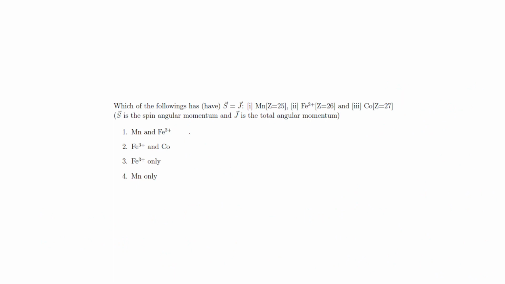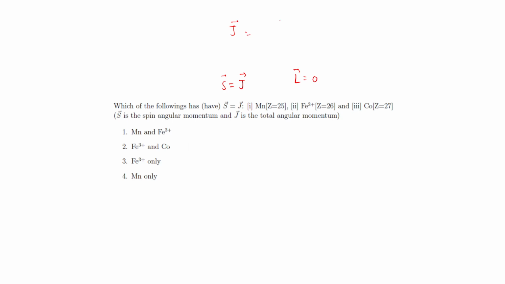Now it has given: which of the following has or have S equal to J. So we need S equal to J, and the options given are Mn, iron 3 plus, and cobalt. All we have to find is that L has to be 0, because S is equal to J, right?